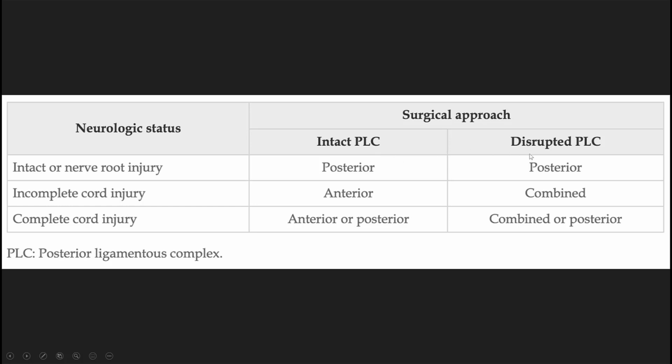If it's disrupted, you want to stay posterior. But if they have an incomplete cord injury, you actually want to go anterior. If it's disrupted, you can do a combined approach. With complete cord injury, you can really do either way.